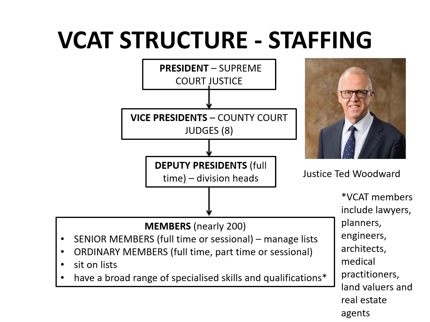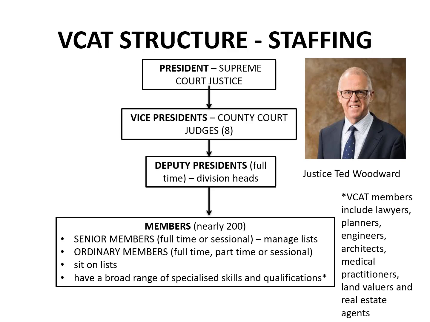Within each division and list, there are a number of senior and ordinary members. In fact, there are nearly 200 senior and ordinary VCAT members in total. Apart from the VCAT president and vice presidents, who are judges, the other members of VCAT, that is, the deputy presidents, the senior members and the ordinary members, have a range of skills and qualifications.